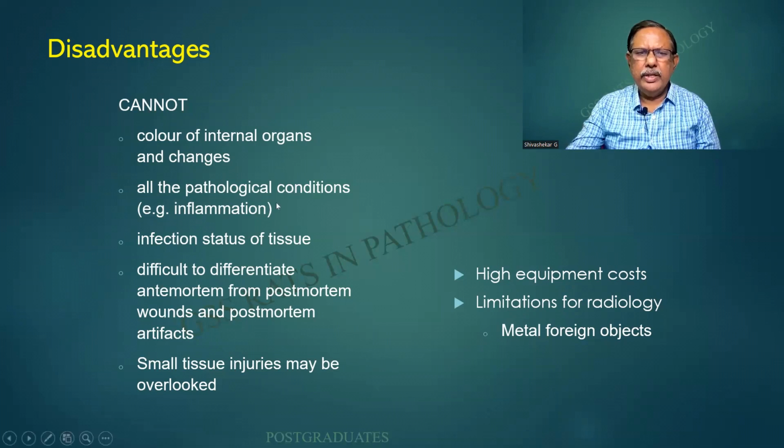And all the pathological conditions such as inflammation cannot be identified by means of this method. The infection status of the tissue, which is more easily found by means of the incisions, the pleural effusions, empyema thoracis, etc., can be done by the conventional methods.